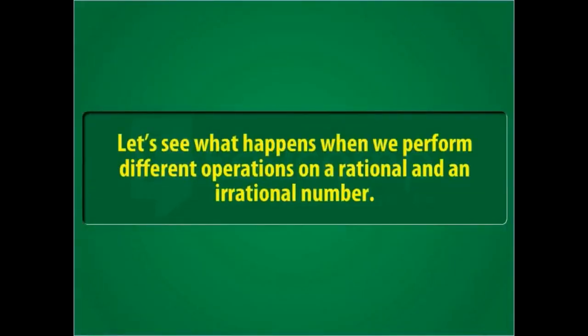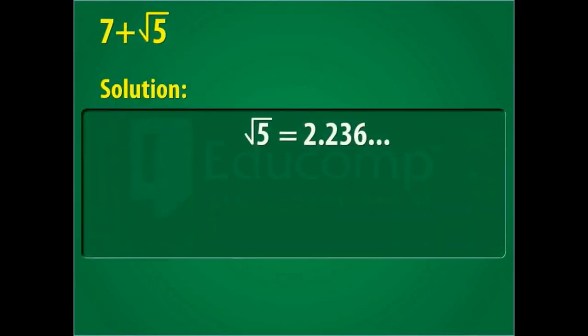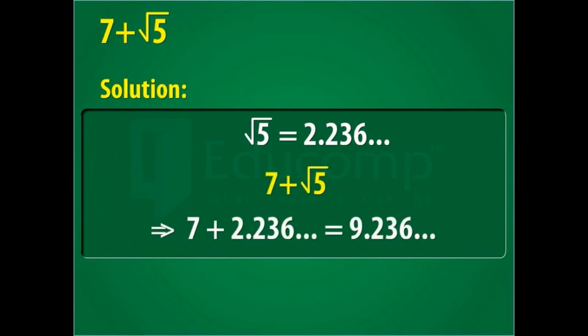Now let's see what happens when we perform different operations on a rational and an irrational number. Let's add 7 and square root of 5. We know that square root of 5 is equal to 2.236 and so on. So 7 plus square root of 5 is the irrational number 9.236 and so on.